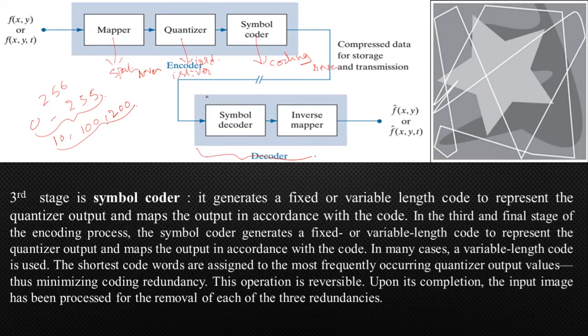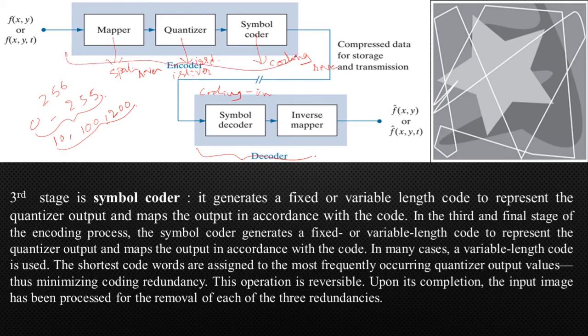Here, based on that code, it is decoded to those intensity values. That is the symbol decoder. In the inverse mapper also, the formats represented here are decoded into particular intensity levels. So we get the decompressed image.